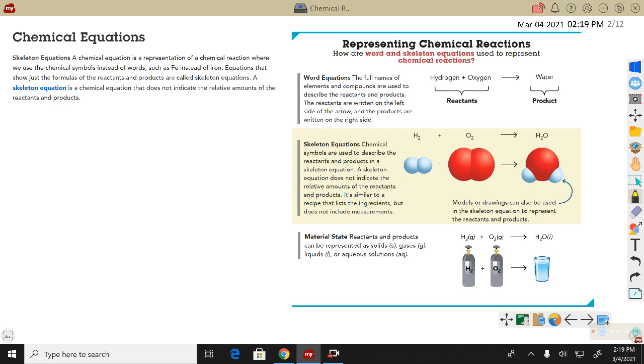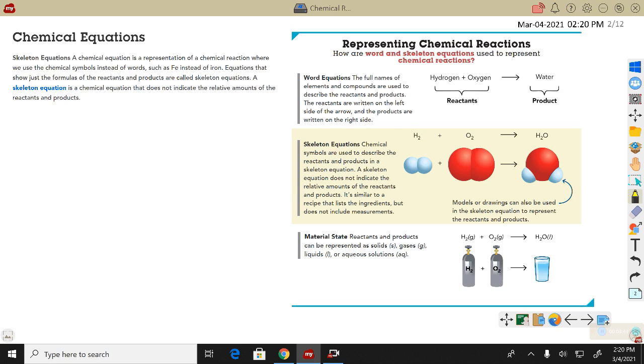So here they're representing something called a skeleton equation. A skeleton equation is just a chemical reaction that shows the reactants and the products, but not necessarily the right amount. It's pretty bare bones, get it? Skeleton reaction. And so we could write a skeleton reaction with words.